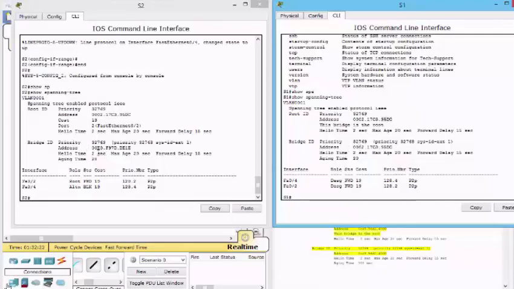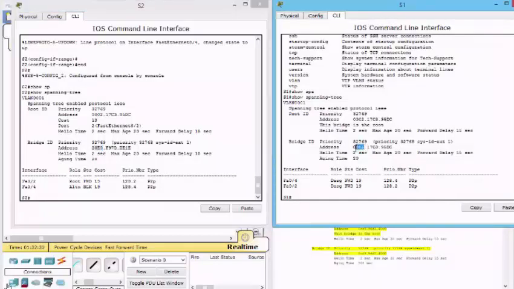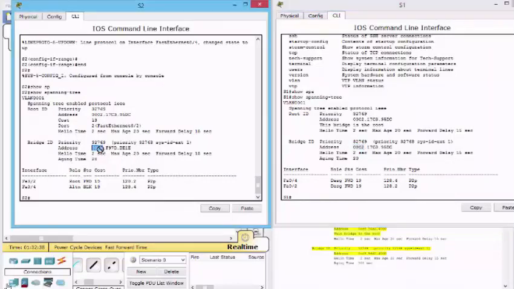The address of one is 00E0 and the other is 0002. So 0002 in hexadecimal is much lower than 0004. So they have the lowest MAC address. They have the same priority but different MAC addresses. So this is why S1 was chosen to become the root bridge.